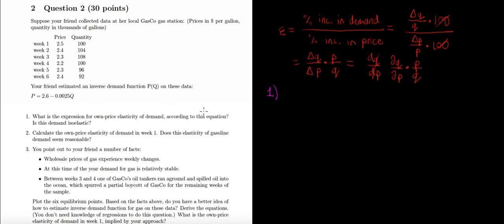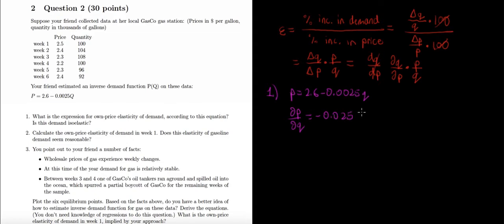So we have P equals 2.6 minus 0.0025 Q. And this means that partial P partial Q is equal to negative 0.025, right?